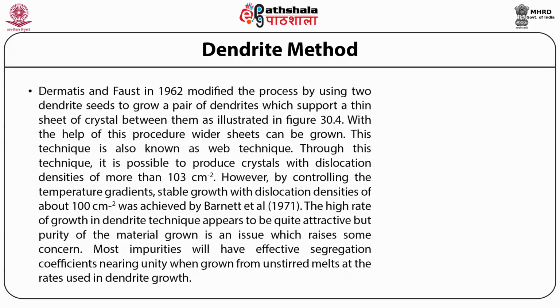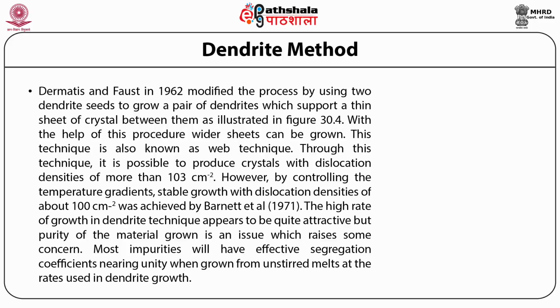Dermatis and Faust in 1962 modified the process by using two dendrite seeds to grow a pair of dendrites which support a thin sheet of crystal between them, as is illustrated in figure 30.4. With the help of this procedure, wider sheets can be grown. This technique is also known as web technique.